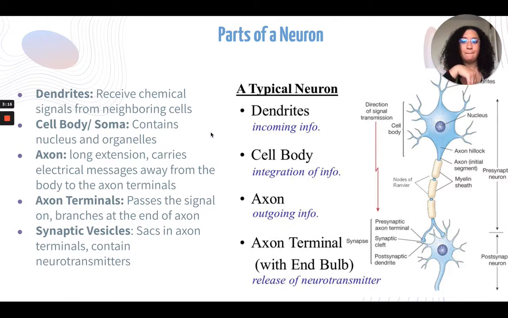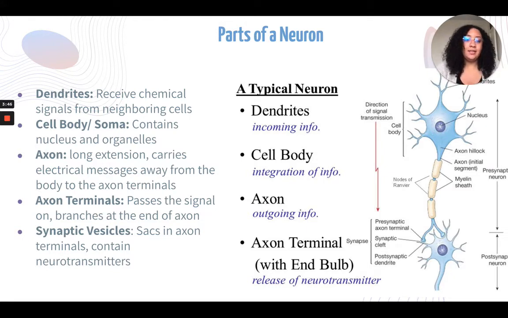Axon terminals pass that signal on at the end of the axon. So the dendrites receive the chemical signal. The cell body contains the nucleus and the organelles. The axon carries the electrical message, and the axon terminals pass that signal on to the next neuron.